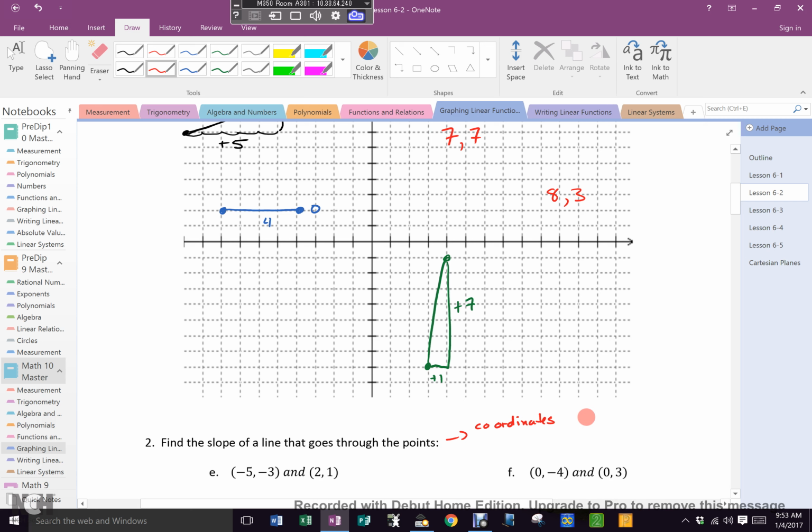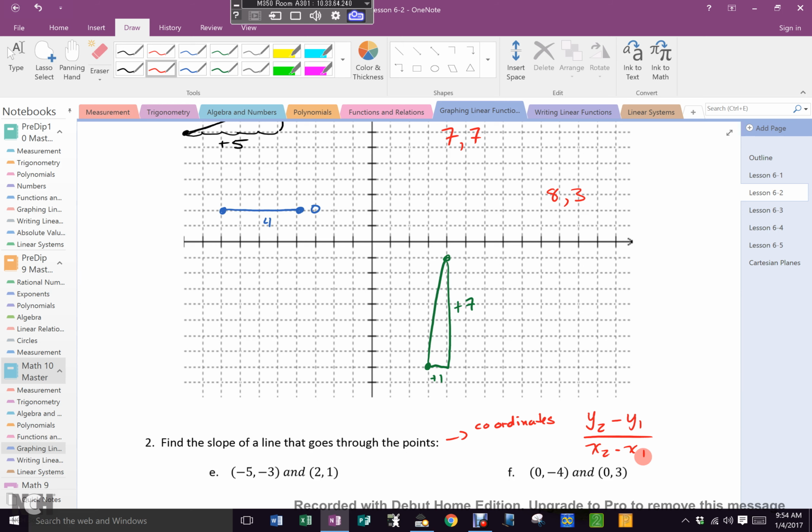When you have coordinates, you take y2. I'm calling it y2 because there's two y's. Minus y1 over x2 minus x1. Who decides which one is y2 and which one is y1? It doesn't matter. Okay?